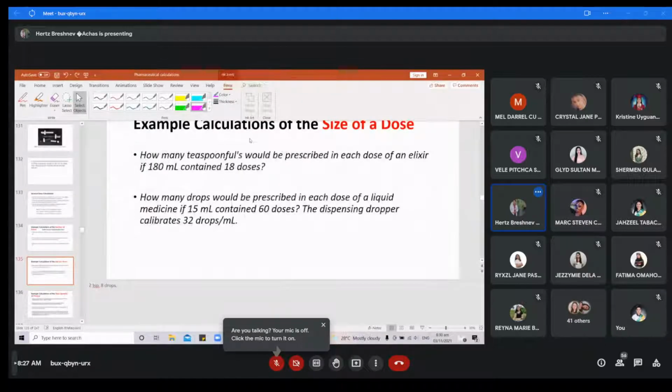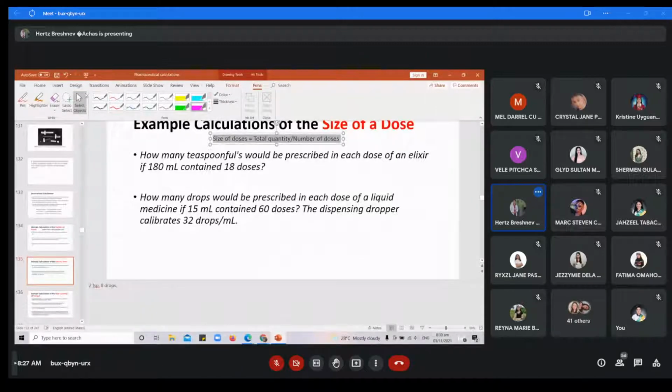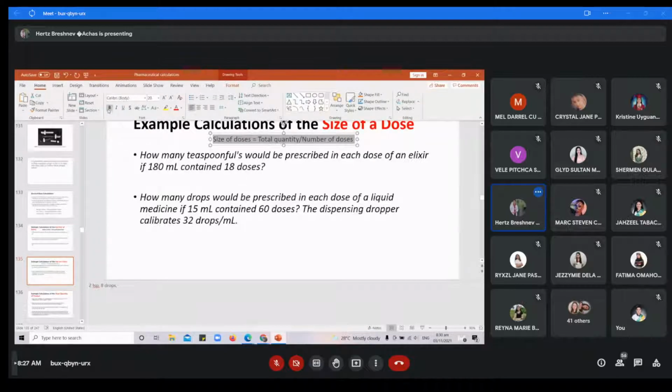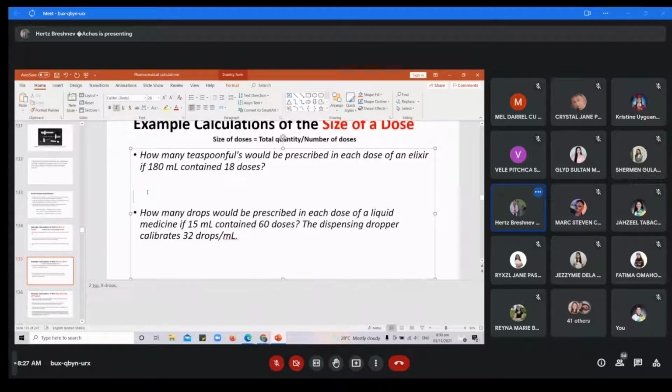Okay, the formula is size of the dose is equal to the total quantity divided by the number of doses.